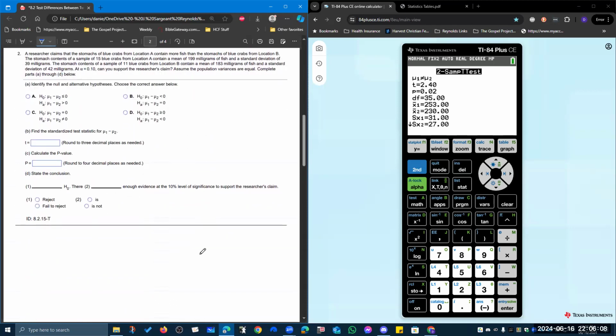Let's move on here. The researcher claims that the stomachs of blue crabs from location A contain more fish than the stomachs of blue crabs from location B. The stomach contents of a sample of 15 blue crabs from location A contain a mean value of 199 milligrams of fish and a standard deviation of 39 milligrams of fish.